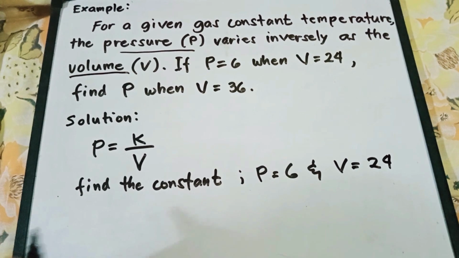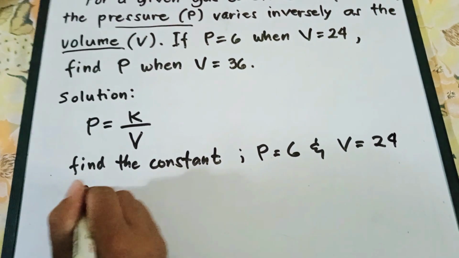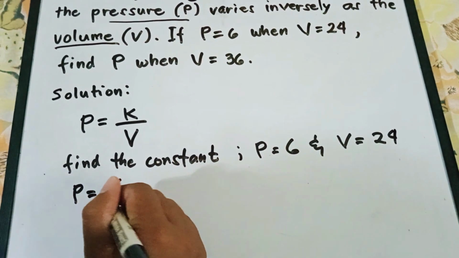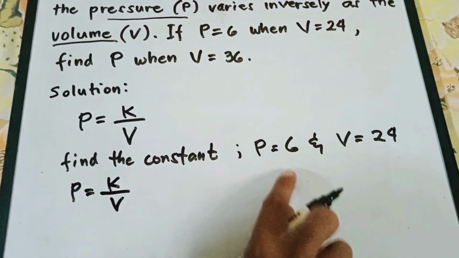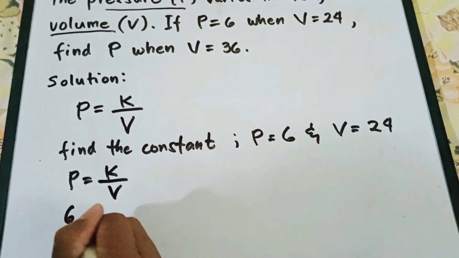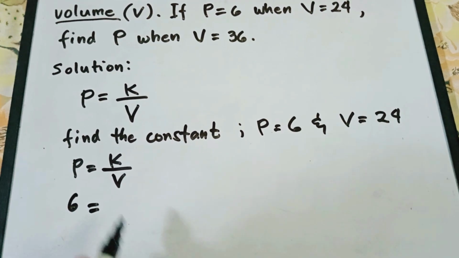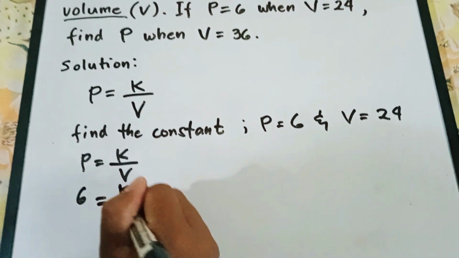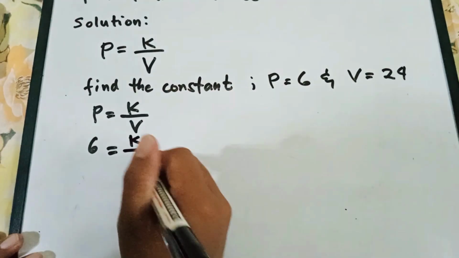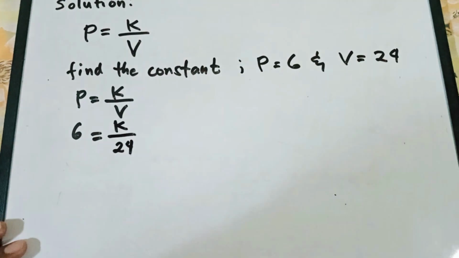By substitution, P equals k over B. Yung value ng P natin, so we have 6 equals k over B, 24.